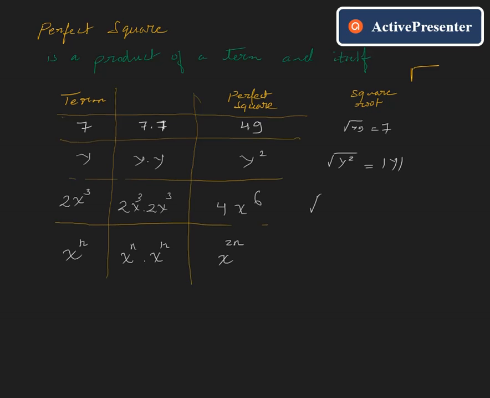The square root of 4x to the power 6 is equal to 2 times the absolute value of x to the power 3. The square root of x to the power 2n is equal to the absolute value of x to the power n.